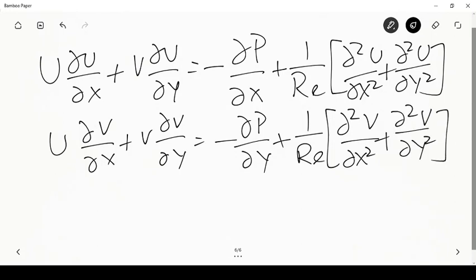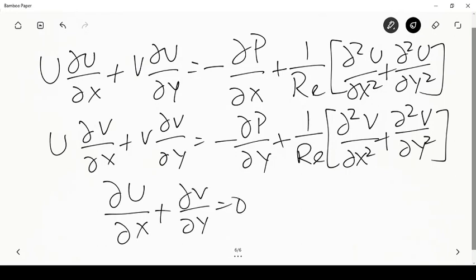And you already have the continuity equation, the conservation of mass equation, which says del u by del x plus del v by del y equals 0. Now these are the three equations, conservation of mass and conservation of momentum in the x and y directions, in the non-dimensional form.